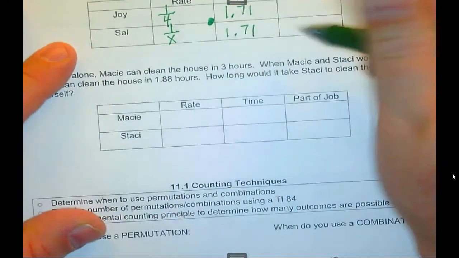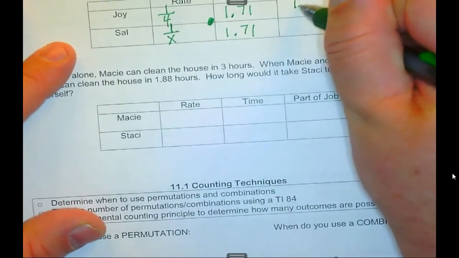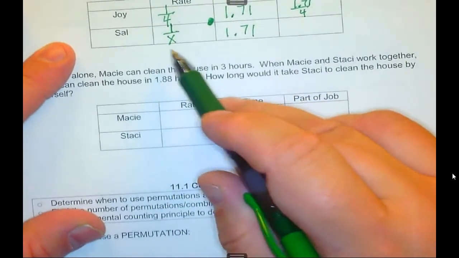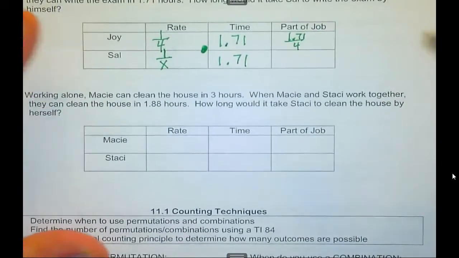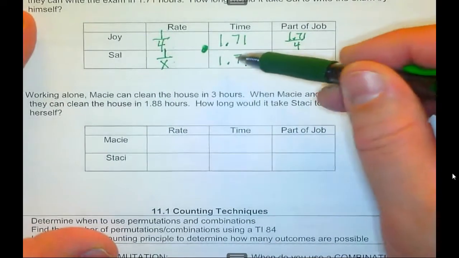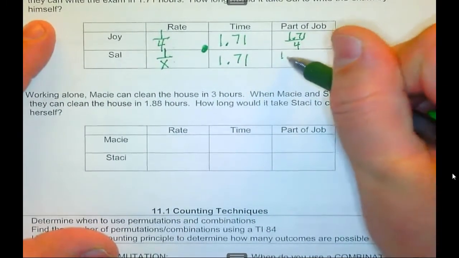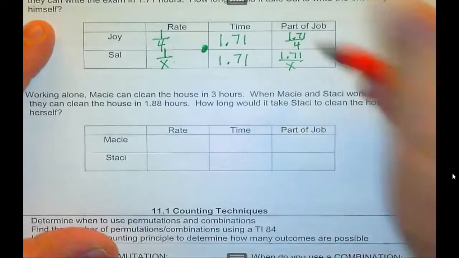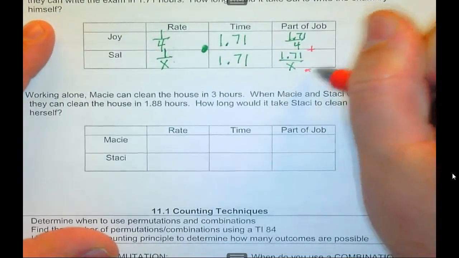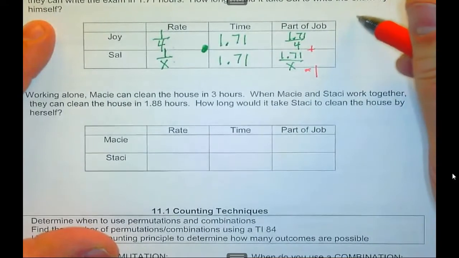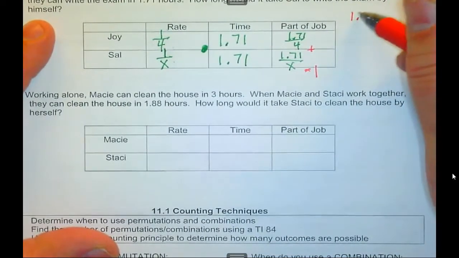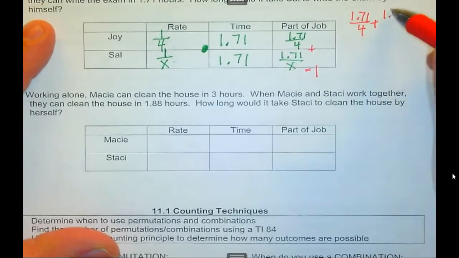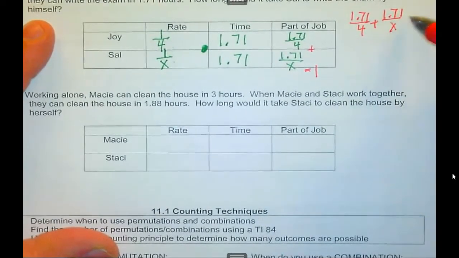Okay. Multiply these together. See, 1/4 times 1.71 is 1.71 over 4. 1 over x times 1.71 is 1.71 over x. Add these together, they equal 1. So I have 1.71 over 4 plus 1.71 over x equals 1.